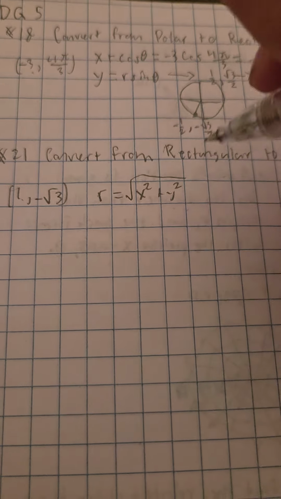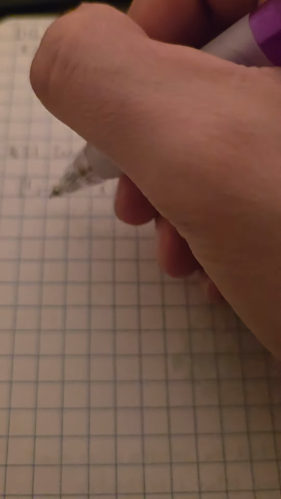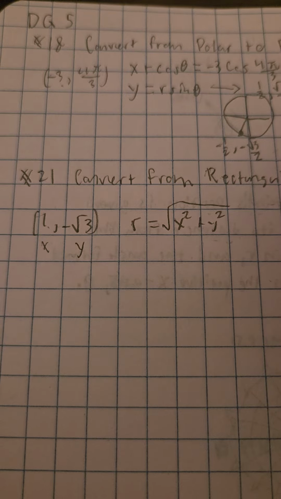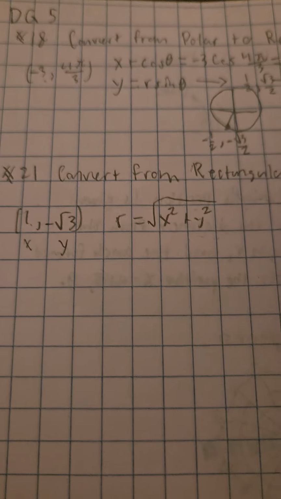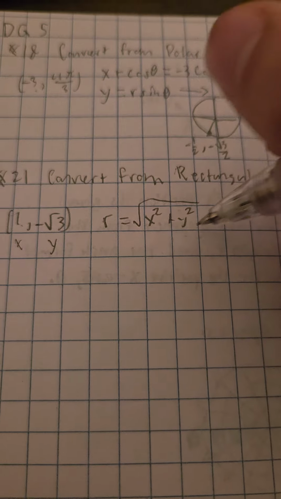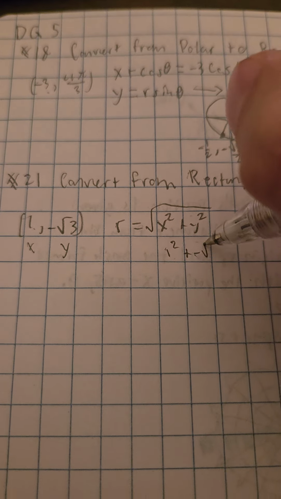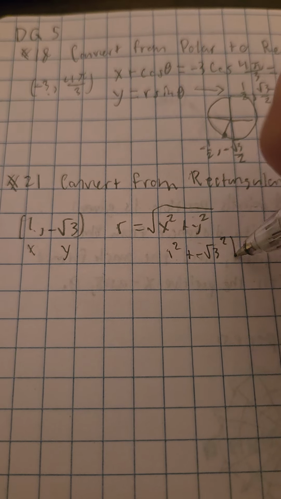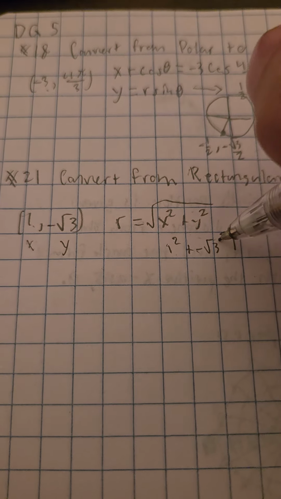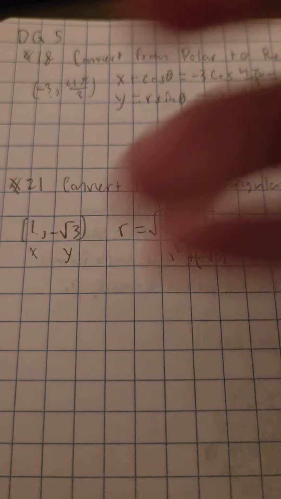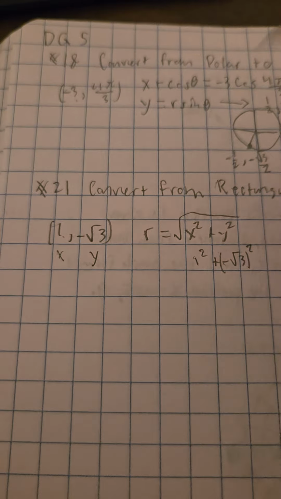So if we plug that in, we have our x and our y here, and we will learn what the magnitude is from doing this. So plug in our x, it'll be 1 squared plus negative radical 3 squared, and then the square root of this.